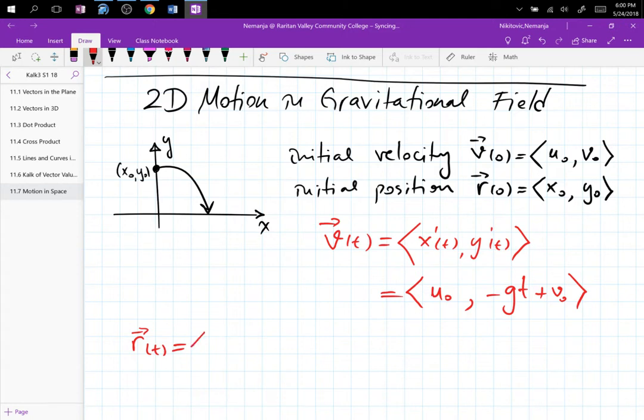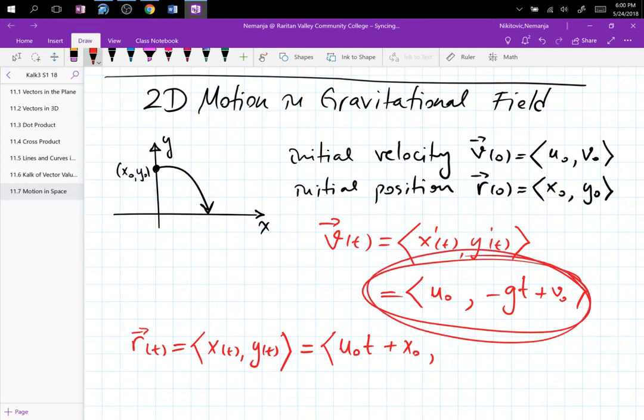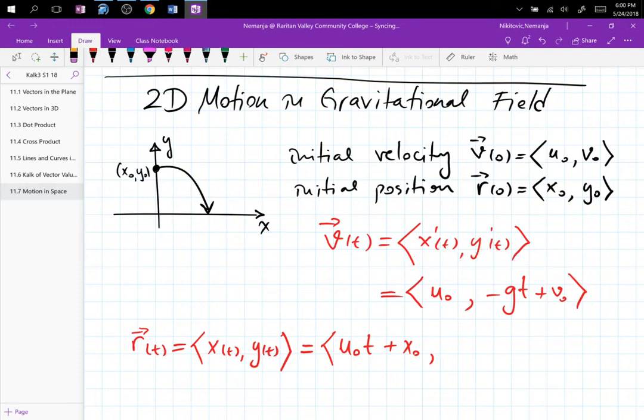So r of t is x of t, y of t. And since it's a parabolic motion, we have u0 t plus x0. You are actually integrating this, if you are interested in which way we obtain this. So the first is u0 t plus x0, and the second one is negative 1/2 gt squared plus v0 t plus y0 as the constant.